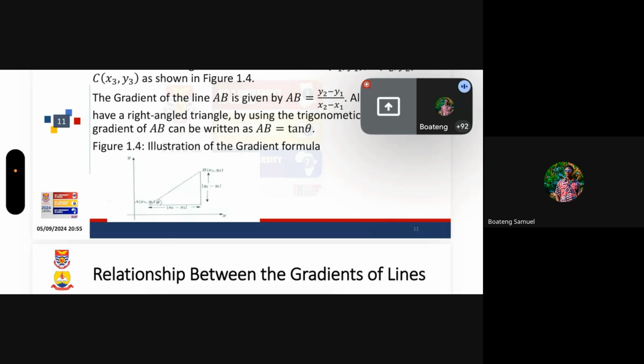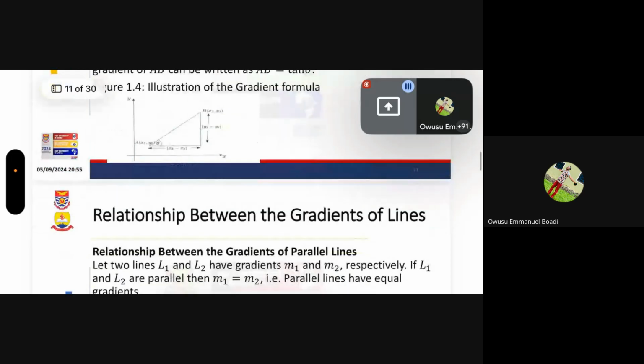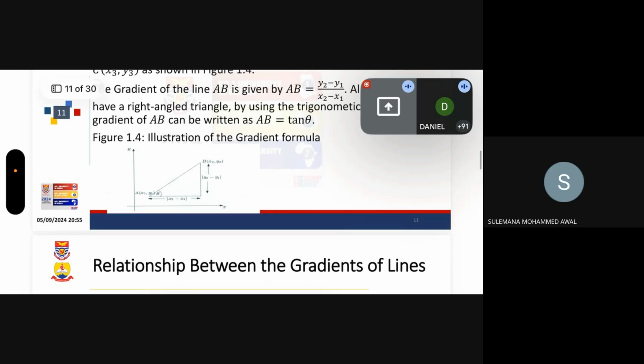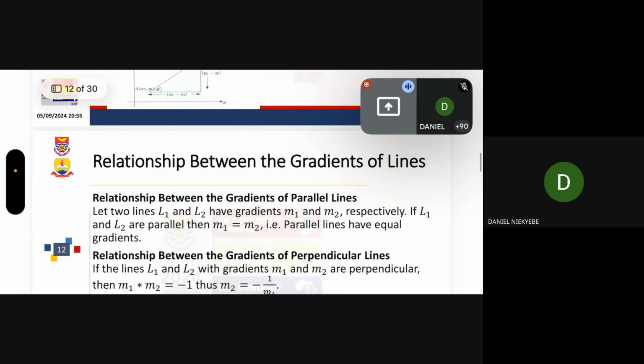If two lines are parallel, what is the relationship? Madam, they have the same gradients. Okay. And if they are perpendicular? If they are perpendicular, the product of the gradients is equal to -1, or the gradient of one line is the negative inverse of the other. You people are good. That's what I want to say.